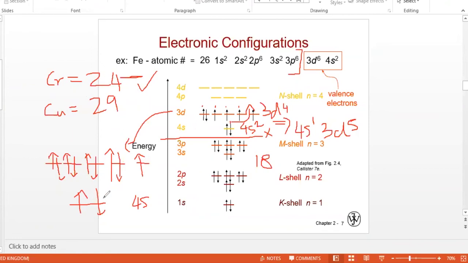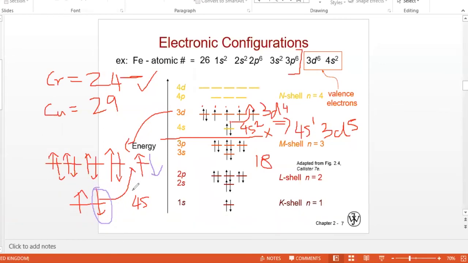This electron will not stay in this location. What it will do is jump to this position and become like this, so there won't be any electron here.